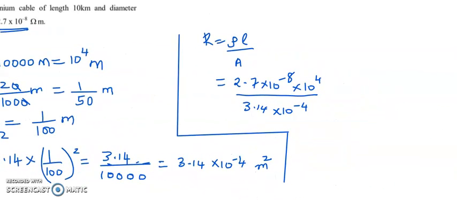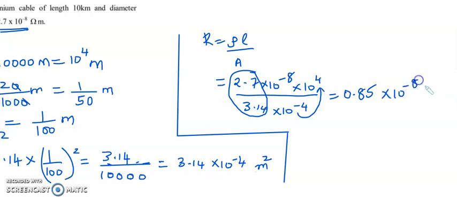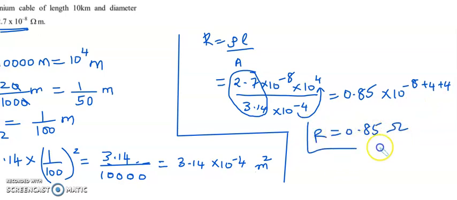Now 2.7 divided by 3.14 will give me 0.85. Now the powers get added: 10 raised to minus 8 plus 4 plus 4, which gets cancelled off. So it's just 0.85 ohms. Right? You can cross check that.